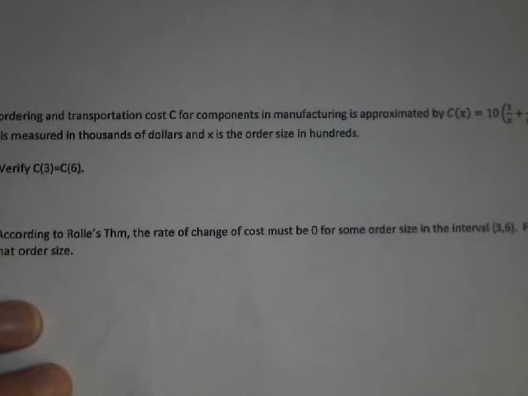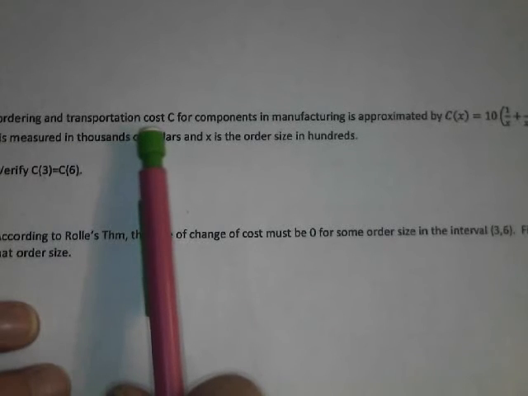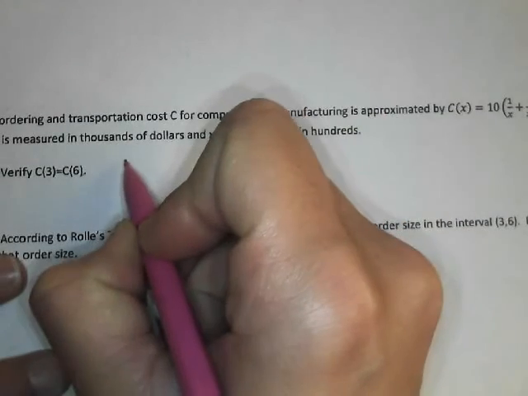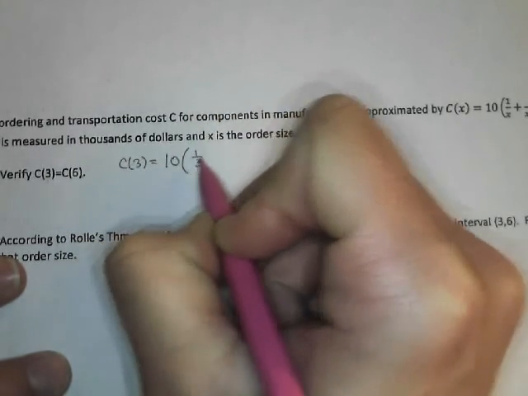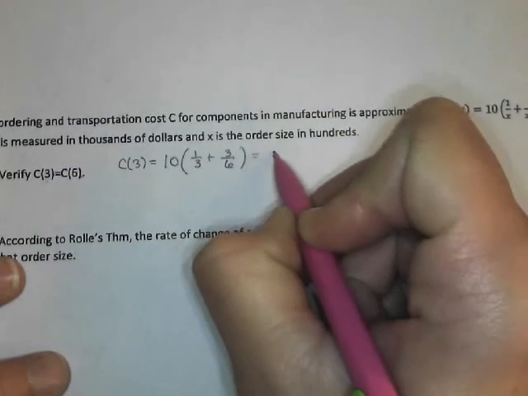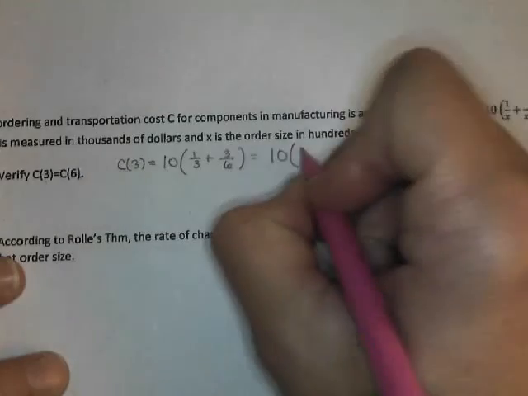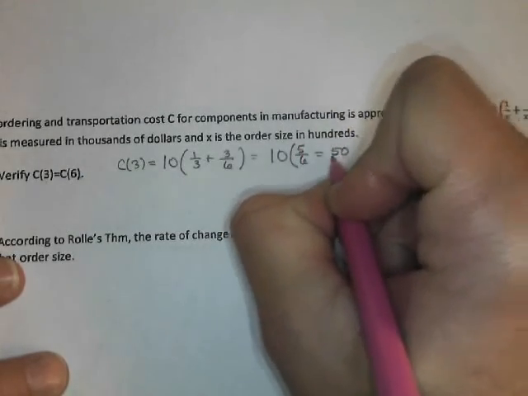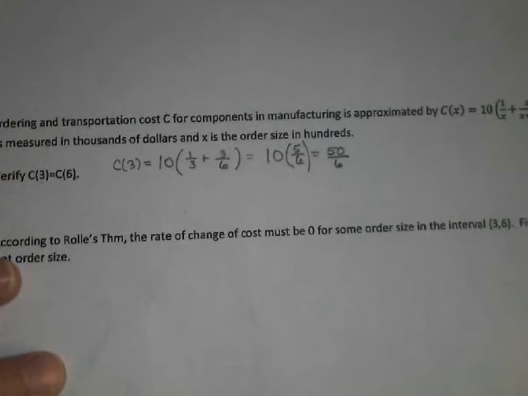So if we check C of 3, 10 times 1/3 plus 3 over 6, which is 10 times 2/6 plus 3/6, which is 5/6. I got a common denominator there, we follow? C of 6: 10 times 1 over 6 plus 6 over 9.